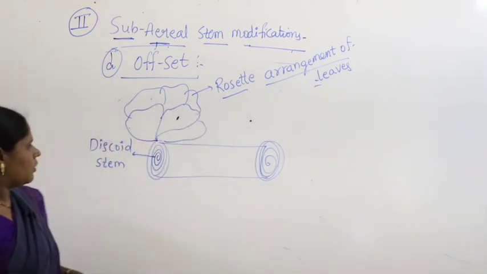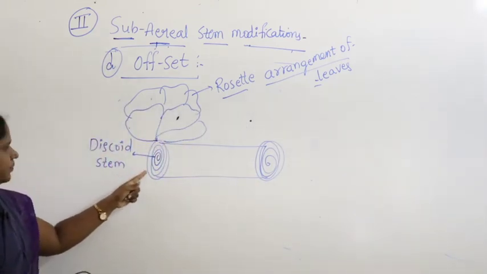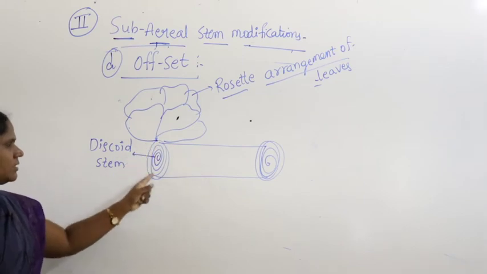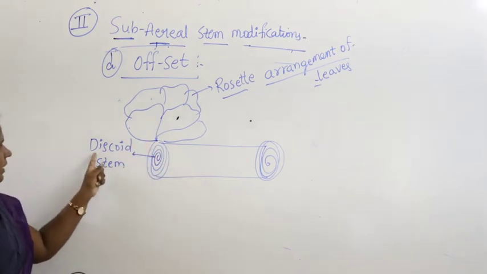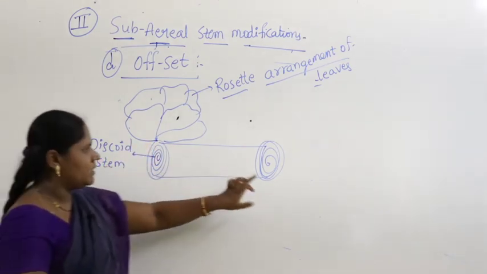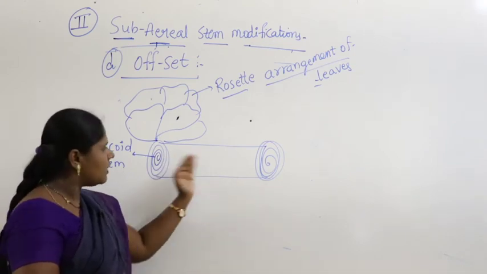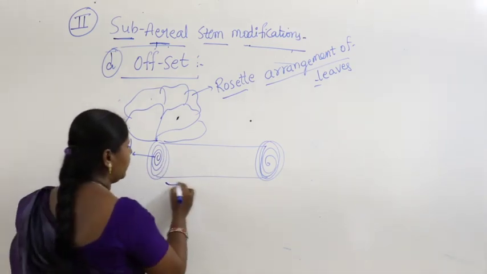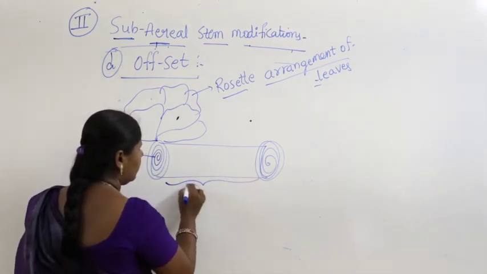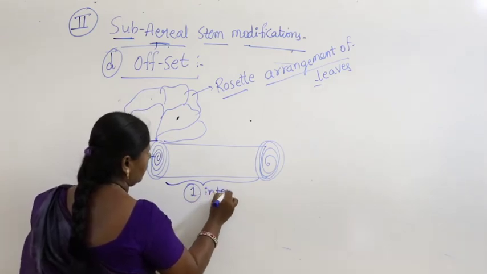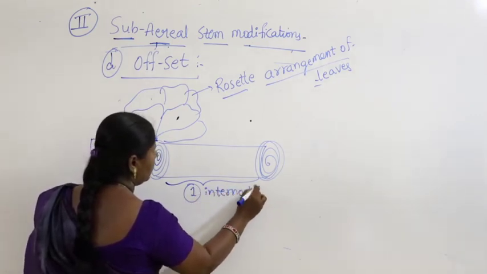So what you can see in offset is that the first character is a disc-like stem, so you find a discoid stem on either side. How is the discoid stem present? Here with one internodal length.